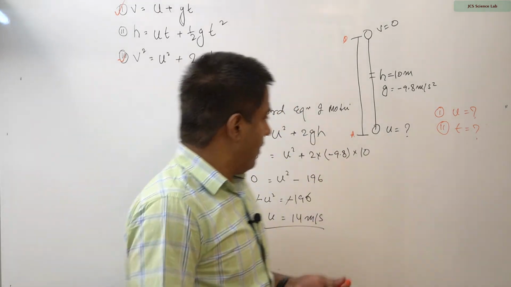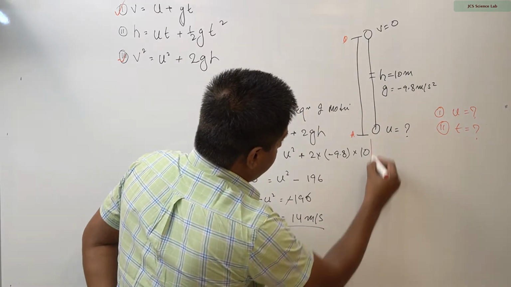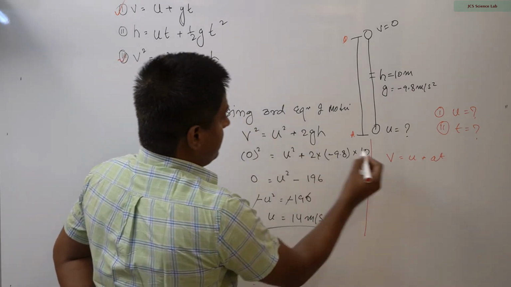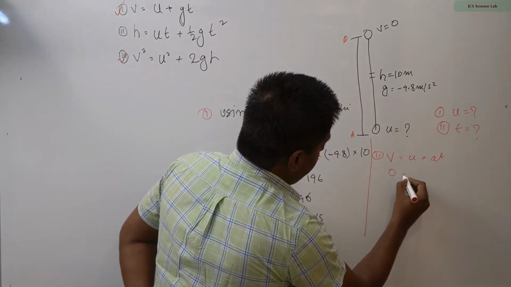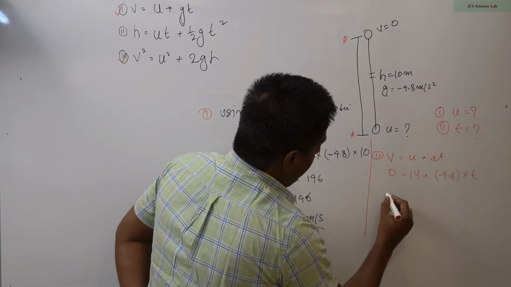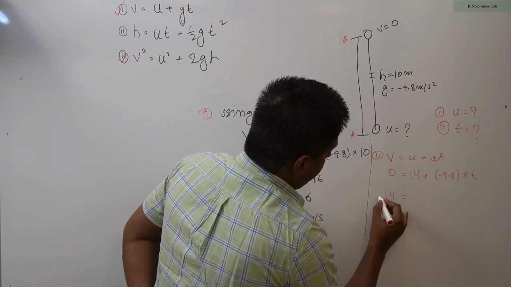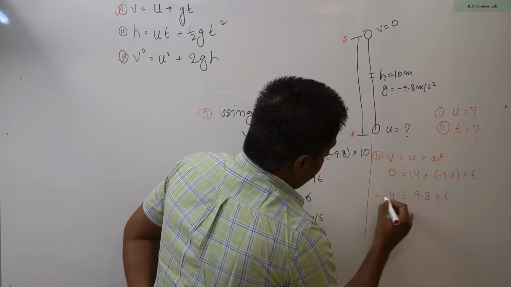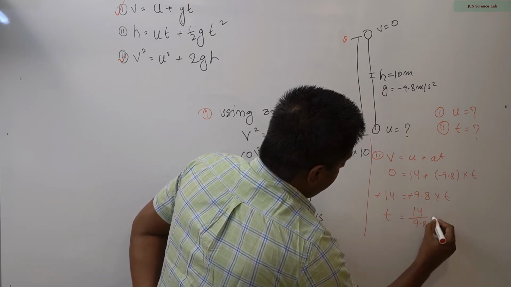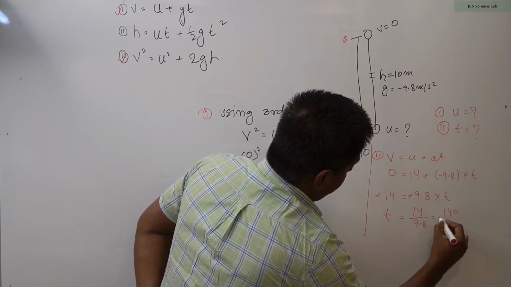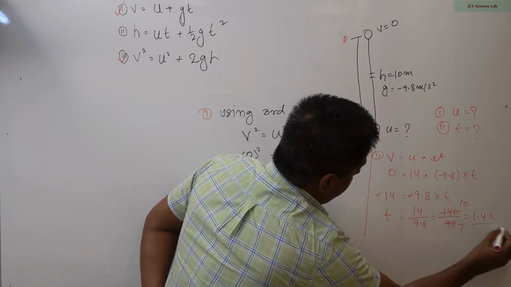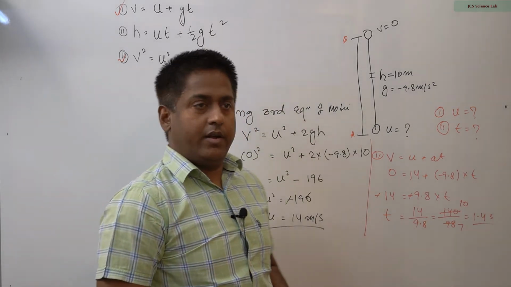So let's see the second part. It's very simple: V is equal to U plus A into T. V is 0, U is 14, plus minus 9.8 into T, so 14 is equal to 9.8 into T. So time is equal to 14 divided by 9.8, which is 140 divided by 9.8, approximately 1.4 second it will take.